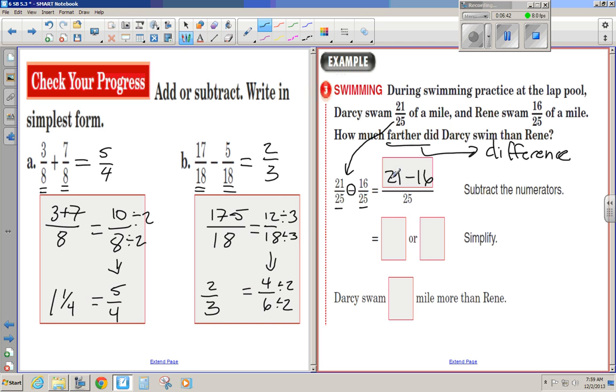Well, when we do this subtraction, 21 minus 6 is 15/25, which simplifies by a factor of 5 and becomes 3/5. So Darcy swam 3/5 of a mile more than Renee. 3/5 you could convert to 0.6. So 0.6 miles is how much more Darcy swam than Renee.